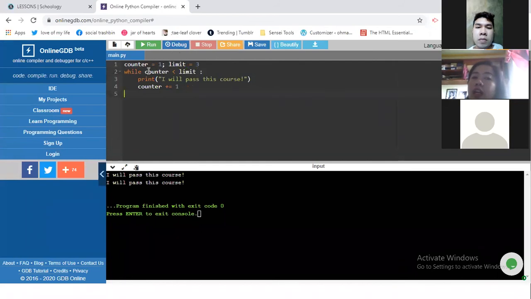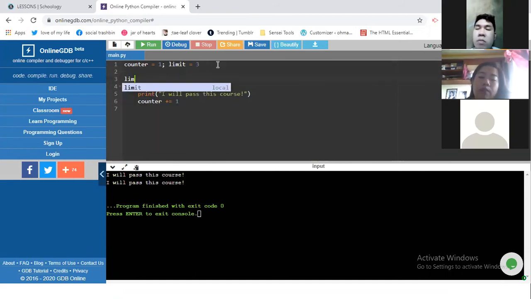Okay? Minsan, pag gagamit tayo ng variable as a limit, kapag dynamic or naiiba lagi yung value nito. Kapag fixed naman siya, pwedeng diretso nyo na siya. Pero halimbawa, dynamic siya.